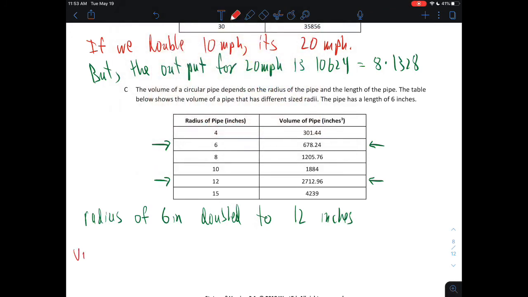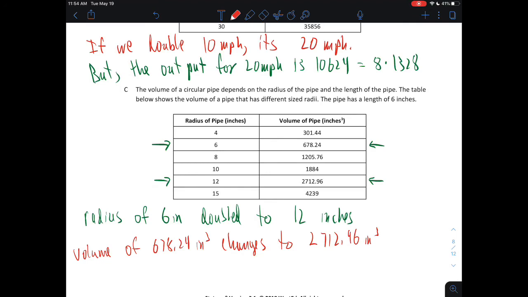The volume for 6 inches was 678.24, changes to 2,712.96 cubic inches. So first of all, if I take 678.24 and multiply it by 2, am I doubling the volume? No. So this is definitely not linear.